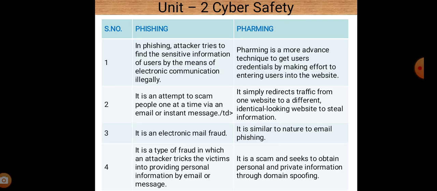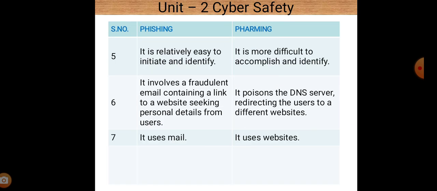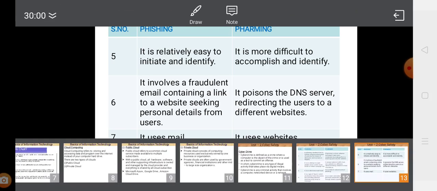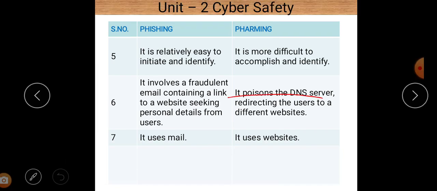There is a term known as, here you can easily see, DNS server. It poisons the DNS server, the domain name servers, first of all, in case of pharming, and redirects the users to a different website. And you are not aware that you give your personal information to another website.